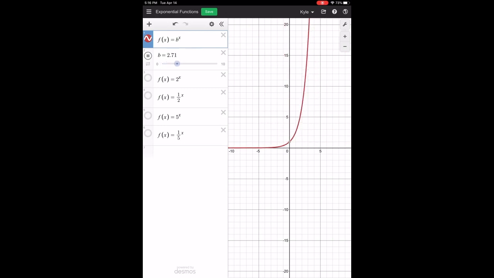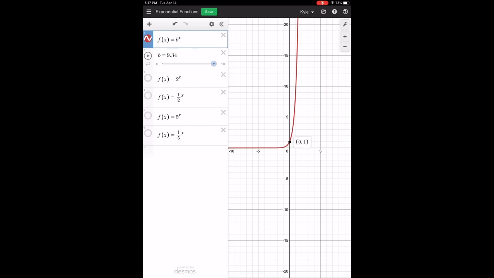Each time it looks like the graph keeps altering. It keeps bending upwards one way and then upwards the other way. But what is staying the same every time? Hopefully you're noticing this dot right here.